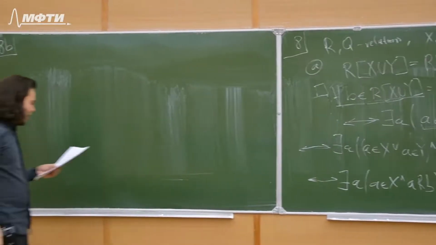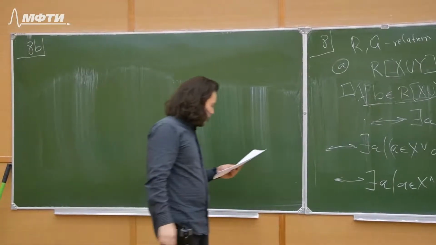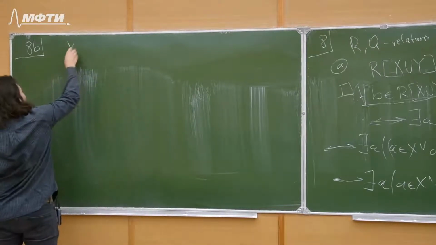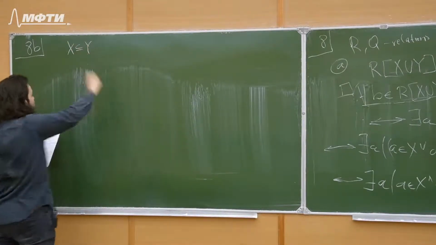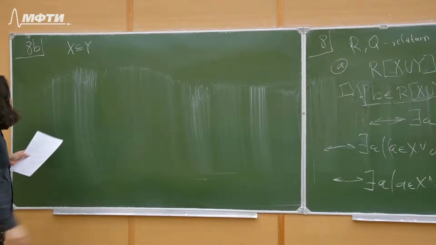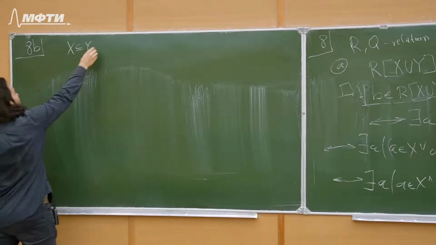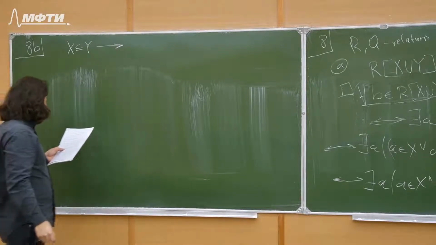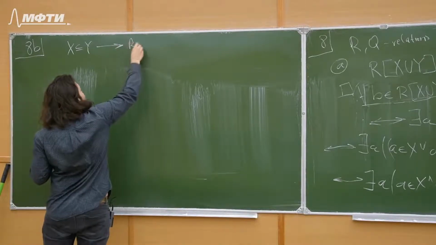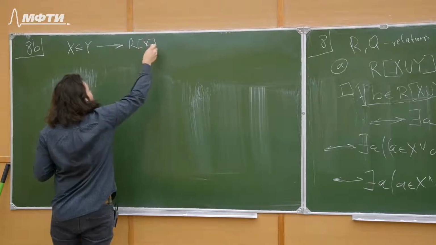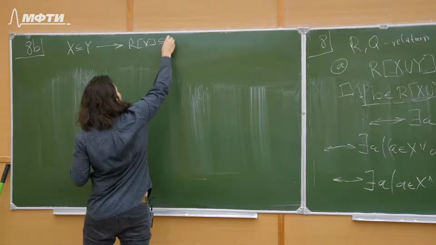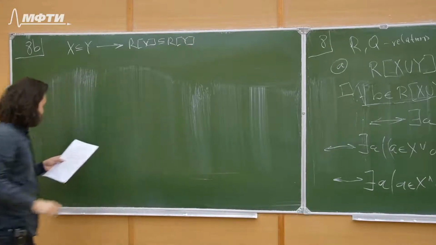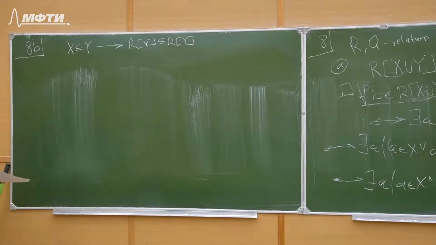We have A, B, and so we have that X is a subset of Y. Actually, if X is a subset of Y, then the image of X is a subset of the image of Y. Yes.